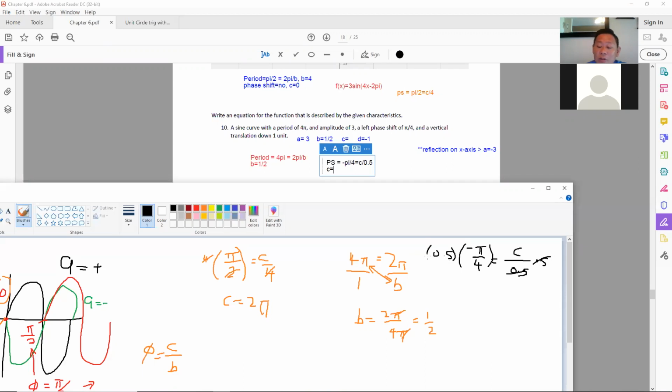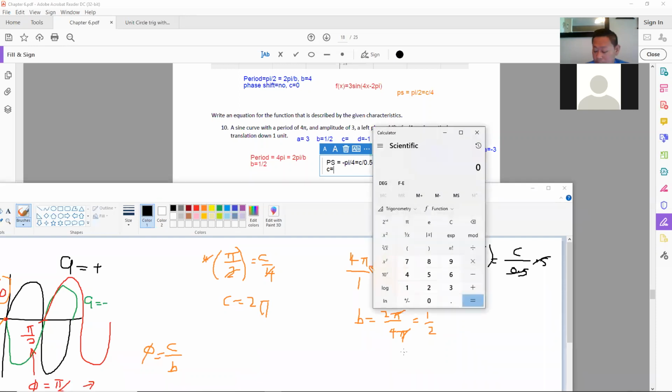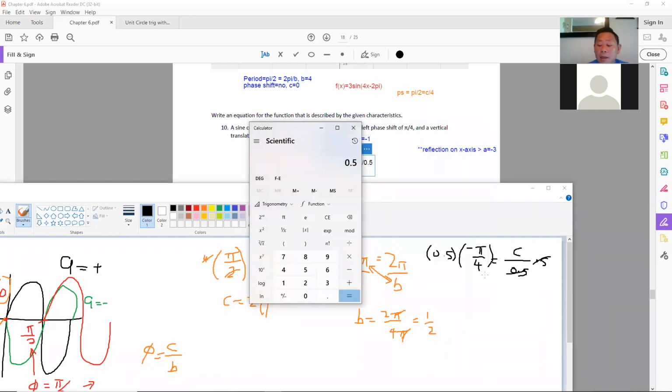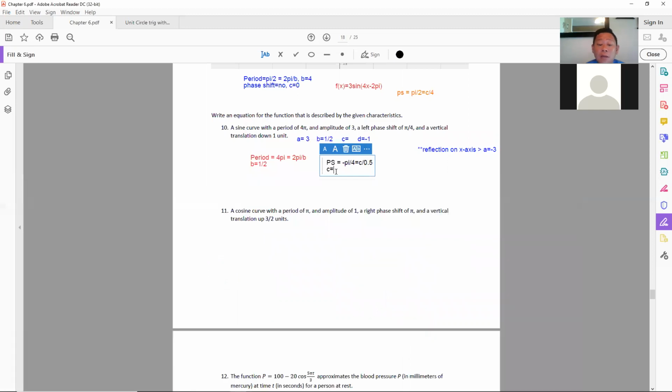So you just need to take 0.5 divided by -4, or divided by 4, you can change. So this is 0.125. If you change it into a fraction, this is actually 1/8. So C in this case will become negative pi over 8. And don't forget, 0.5 is the same thing as 1/2. That's why you got negative pi over 8. So that is how you figure out your C.